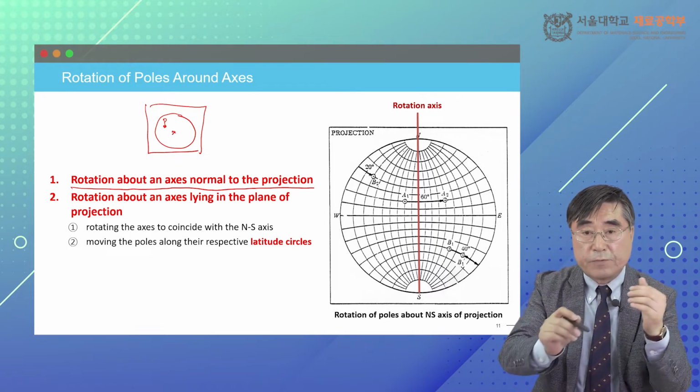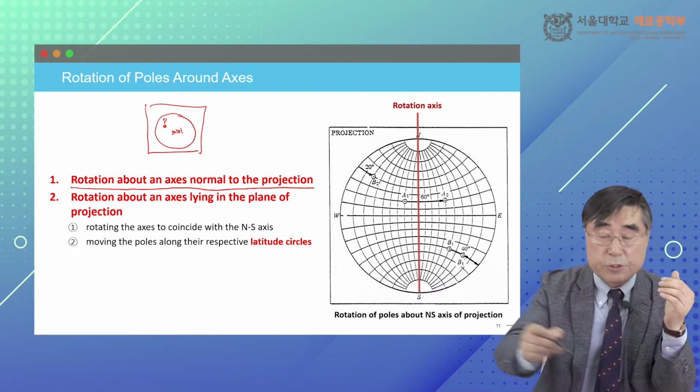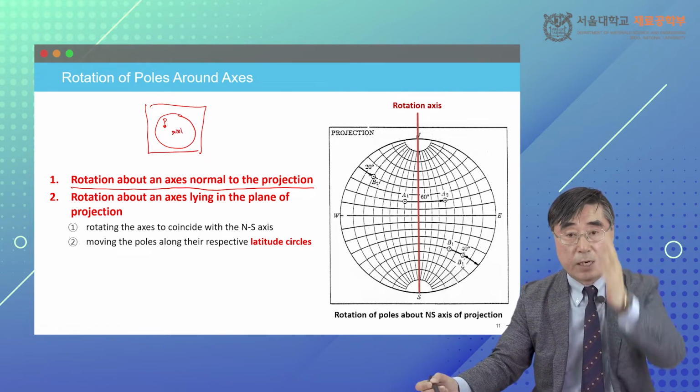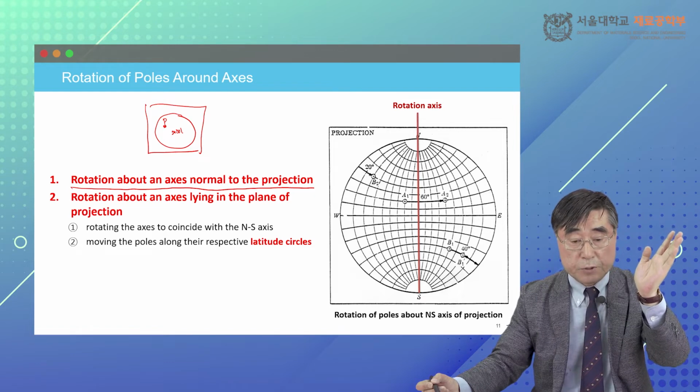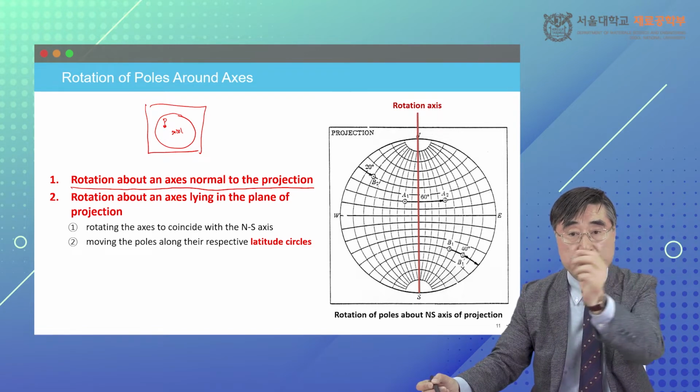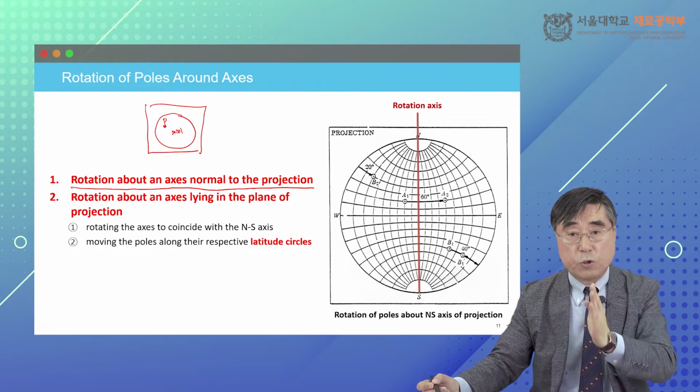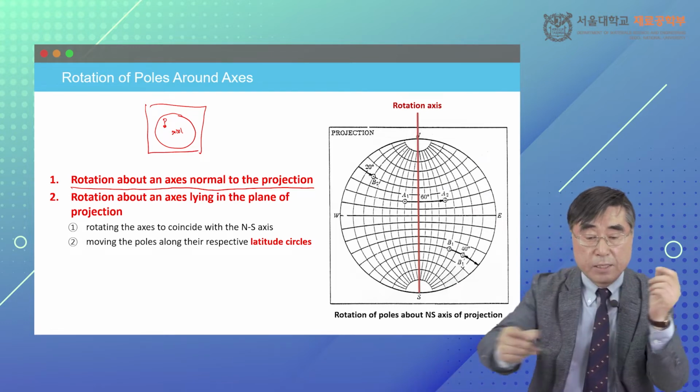From the center, this is the 0, 0, 1 direction, for instance. This is the normal line, and there is a certain pole in the stereographic projection, and I wanted to rotate this pole from this normal line to certain angles.